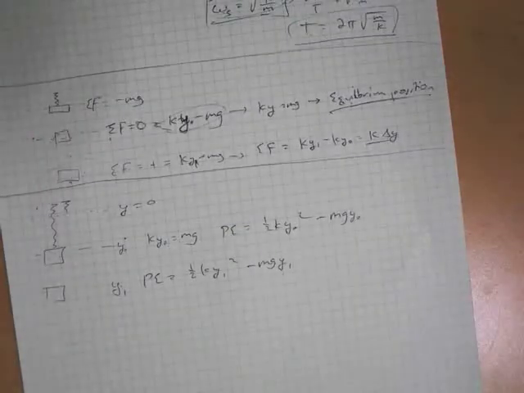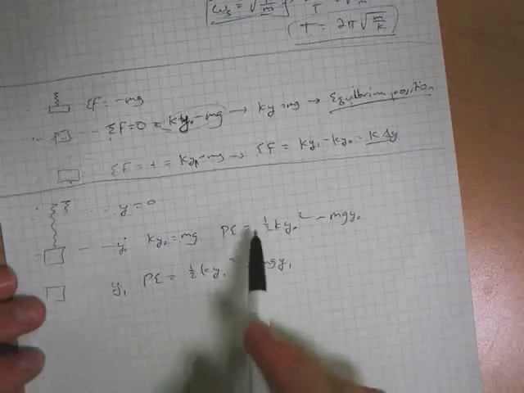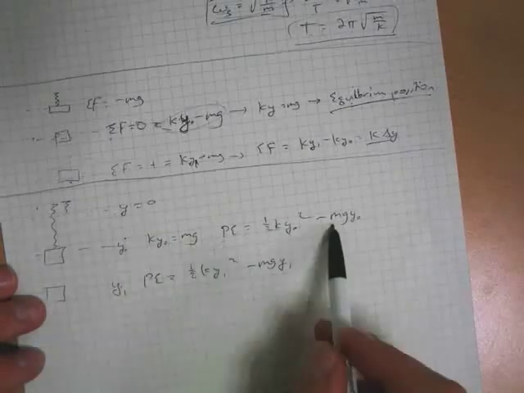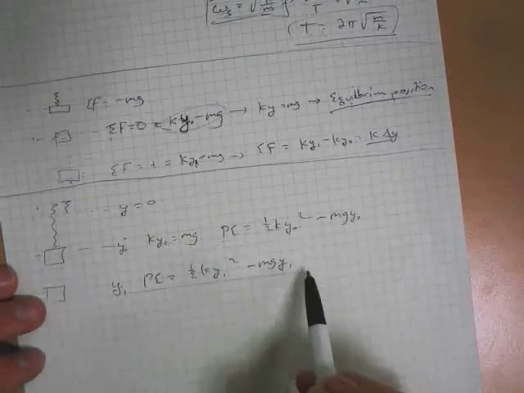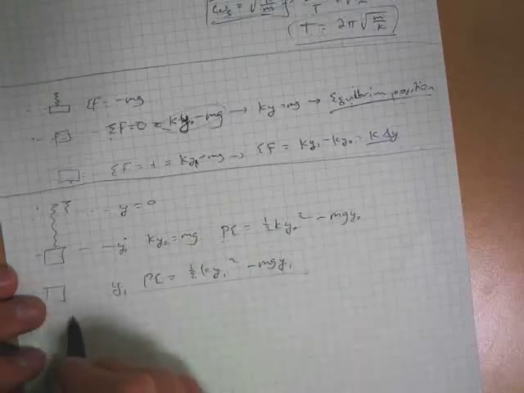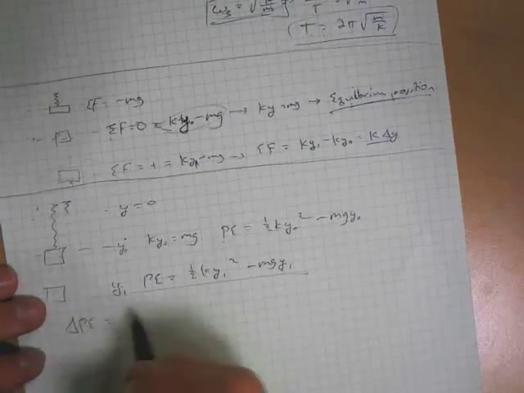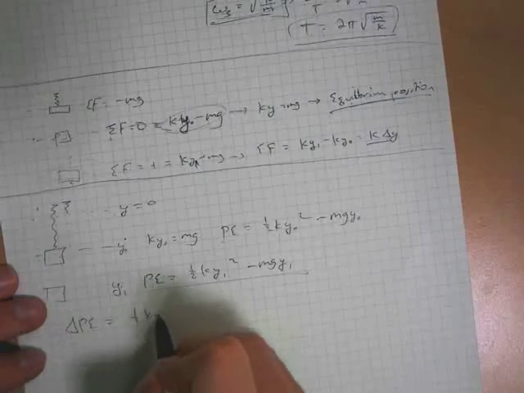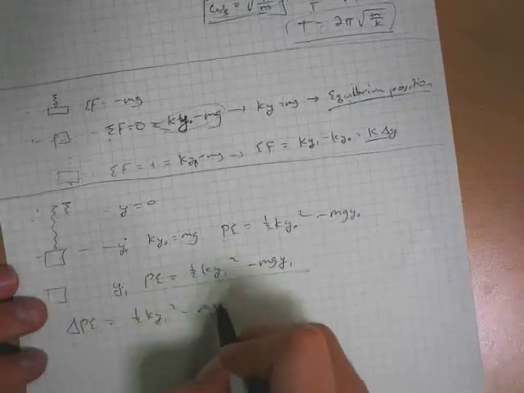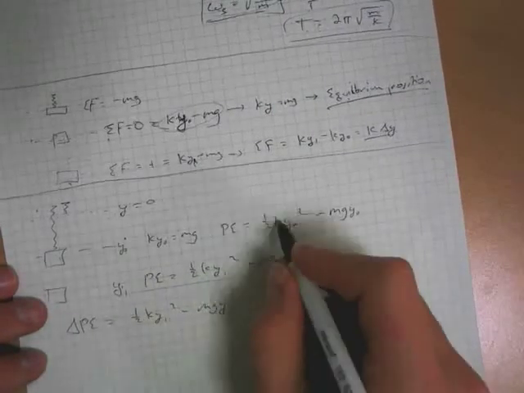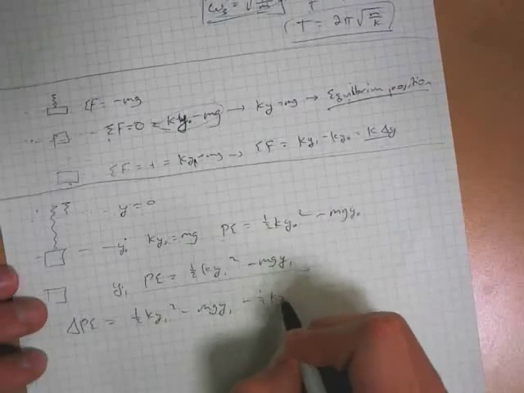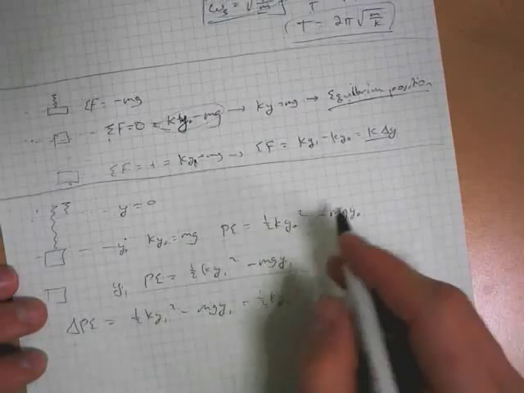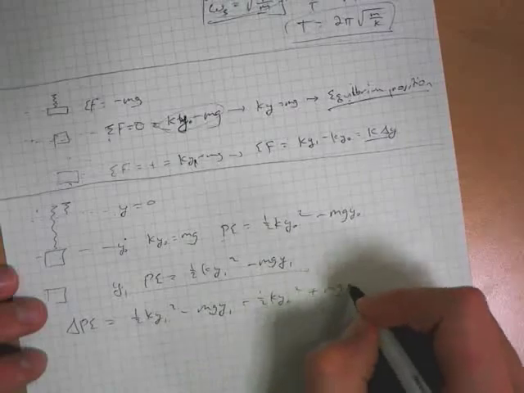Okay, so straightforward so far. But now remember, all that's important, physically speaking, is a change in potential energy. So let's look at a change in potential energy between these two places. Take our 1/2 k y1 squared minus mg y1 minus this. We distribute that negative to get a plus mg y naught.